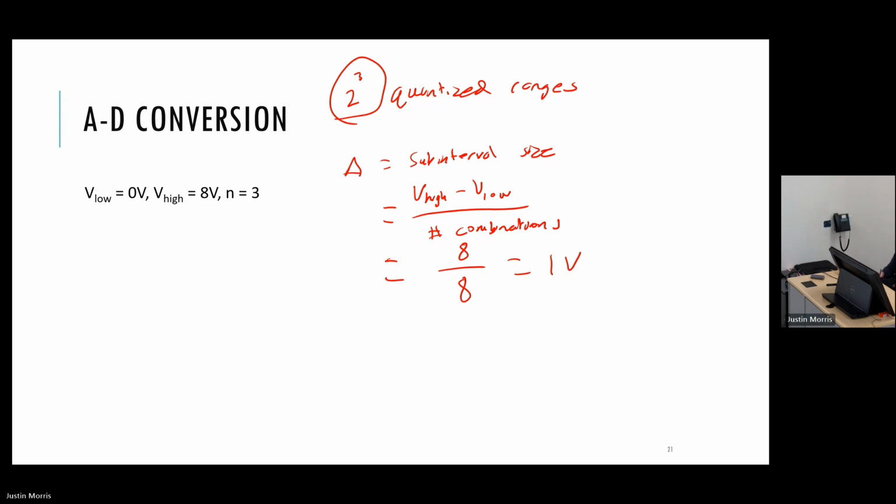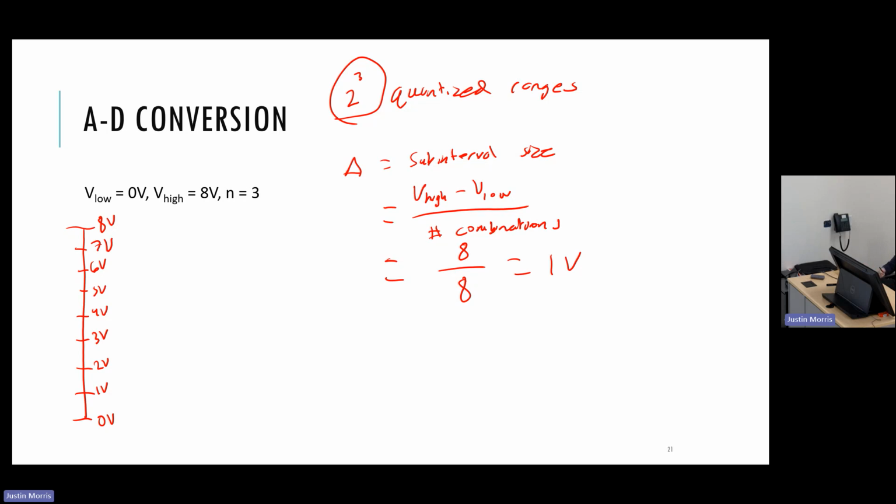Okay. So if I want to create these sub-intervals, I have 8 volts here, 0 volts here, 1 volt, 2 volts, 3 volts, 4 volts, 5 volts, 6 volts, 7 volts.